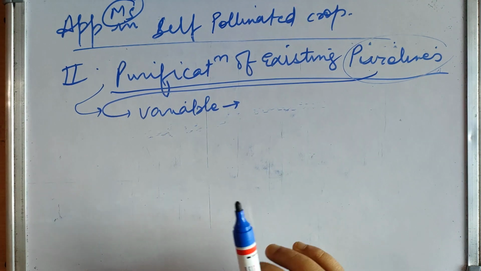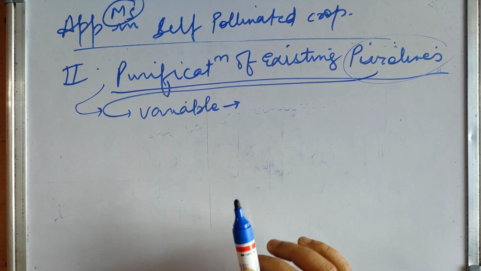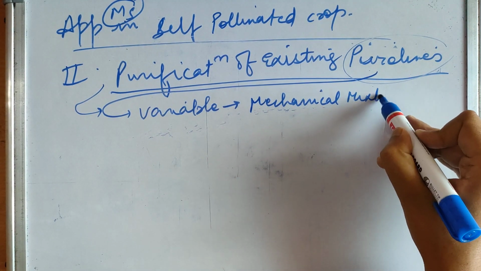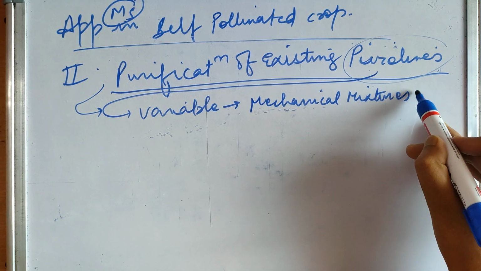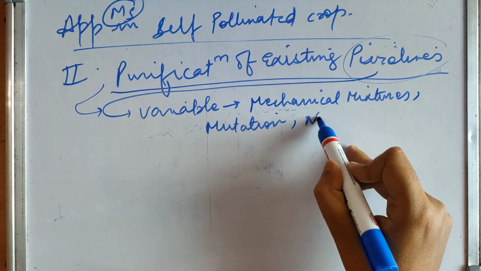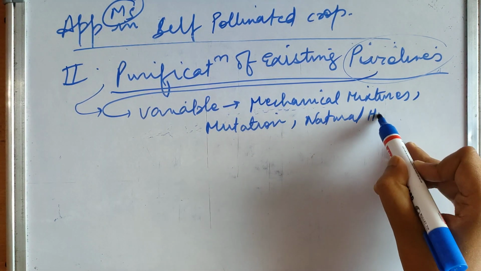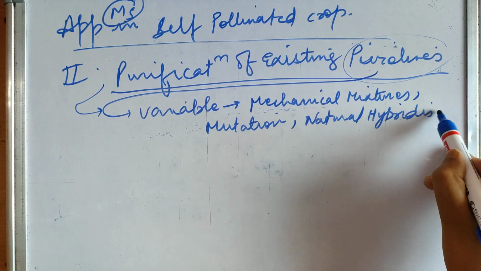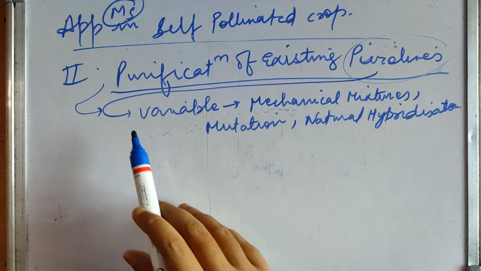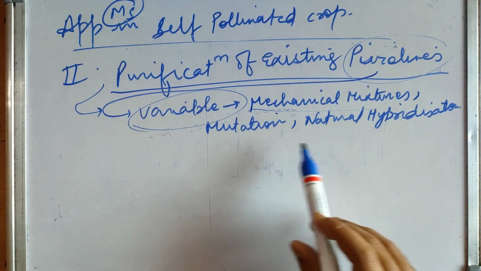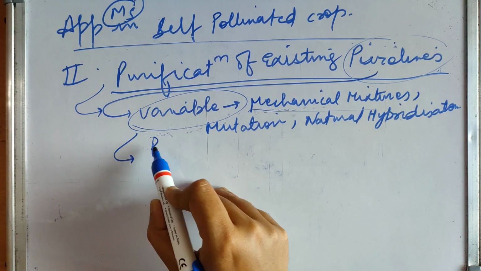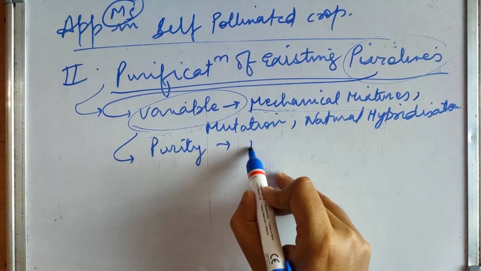Pure lines tend to become variable due to many reasons such as mechanical mixtures, mutation, natural hybridization or natural crossing. So the purity of pure lines is maintained by mass selection.